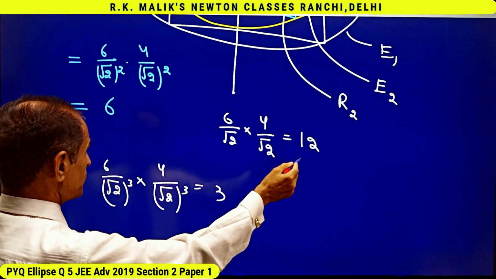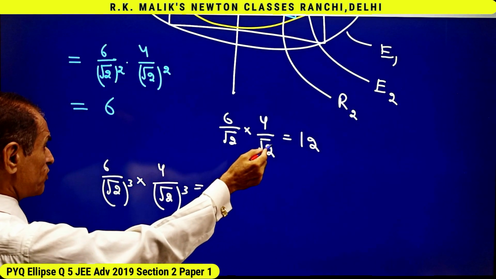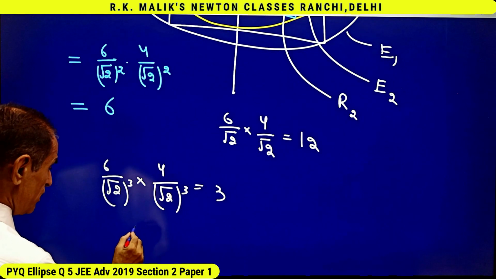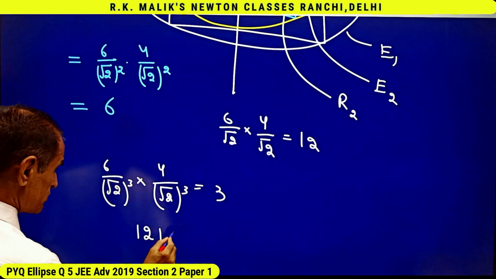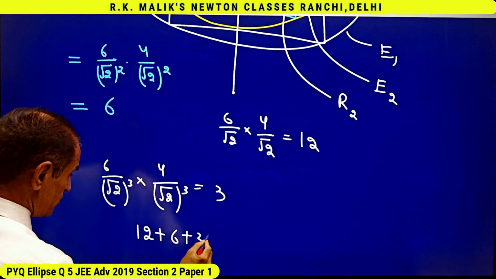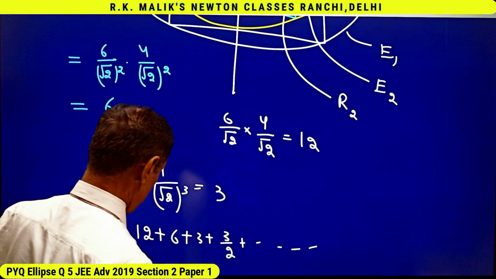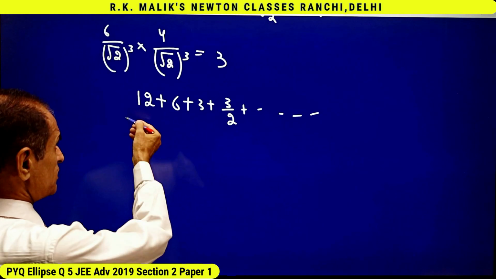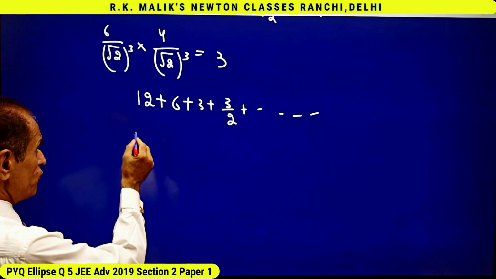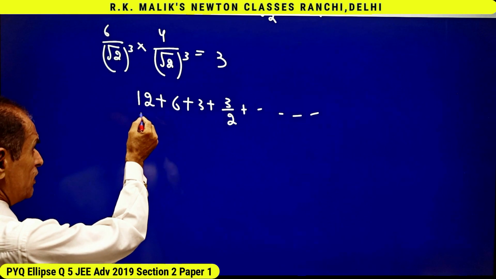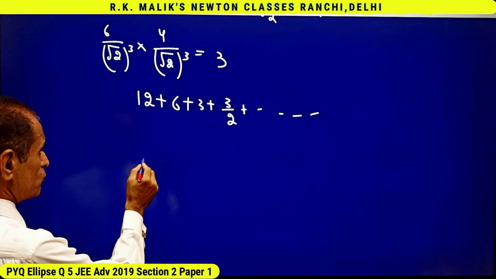That is, I can say the sum of the areas of all the rectangles will be 12 plus 6 plus 3 plus 3 by 2 and so on. And it is clearly an infinite GP with first term 12 and common ratio 1 by 2.